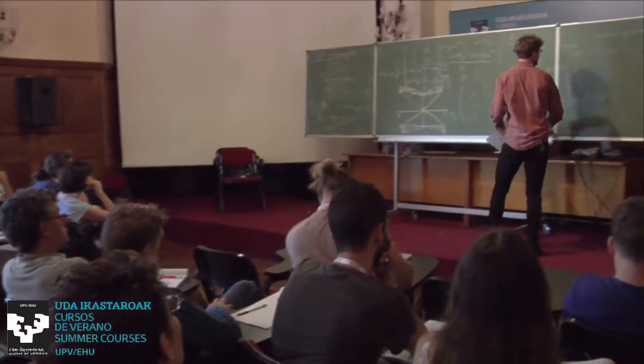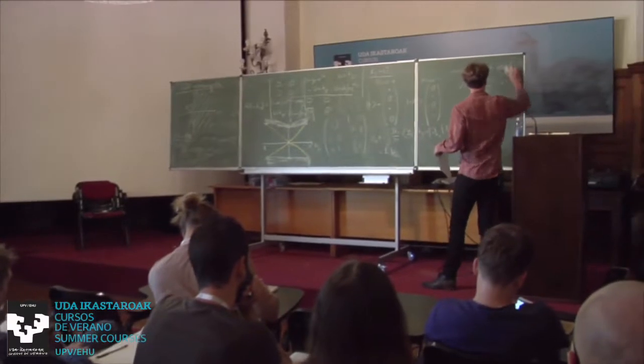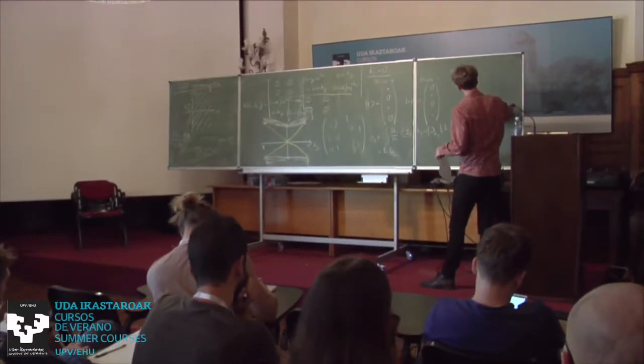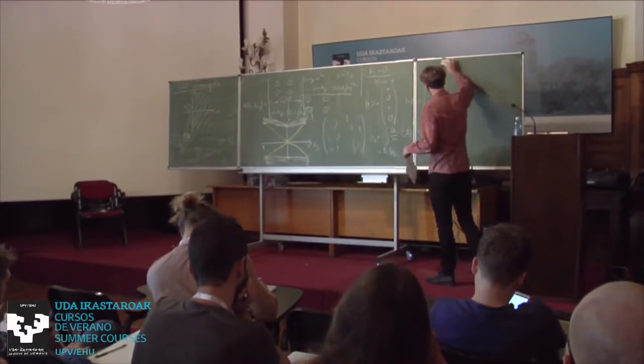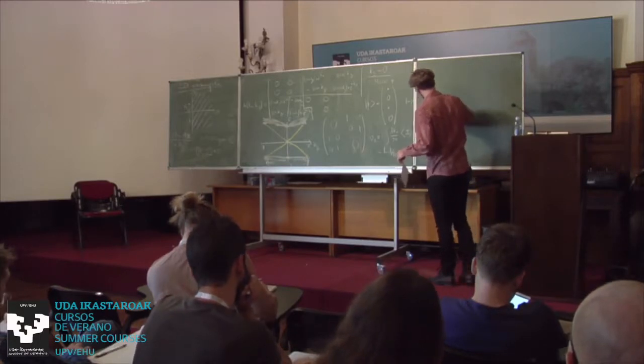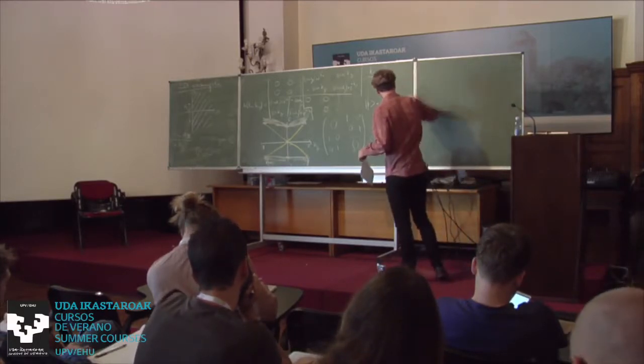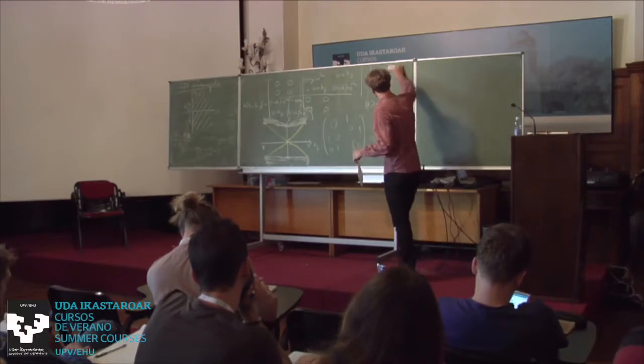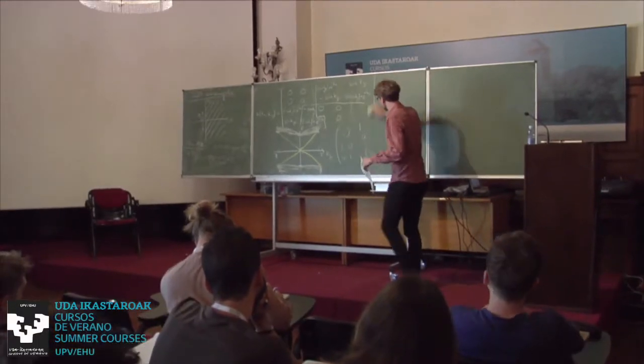Let's do something that's a little more intuitive. This is really the simplest system in 2D that has this property, but it has this chiral symmetry, so it's a little unphysical.